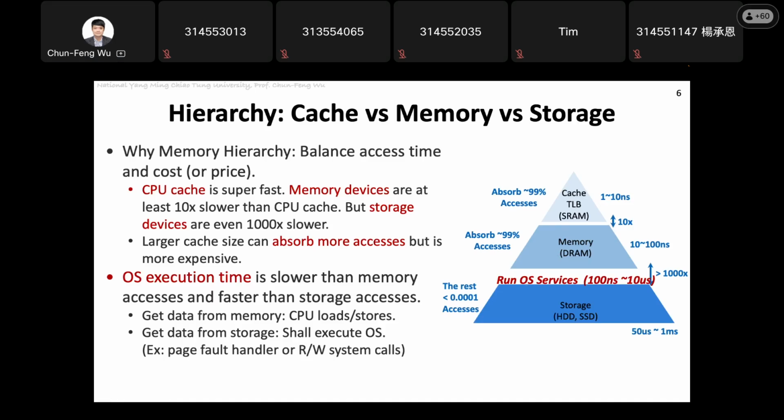We need to do some more complex management. So there is a need for operating systems. So for that case, the CPU needs to run the operating system to access data from main memory. Okay, so this is a very important concept for current computer architecture.